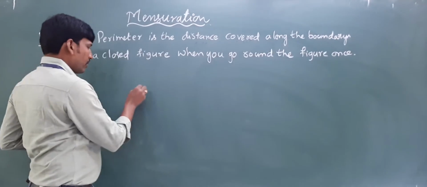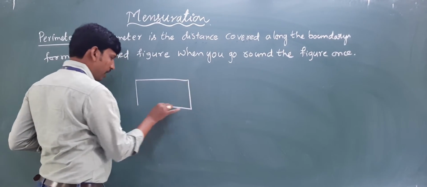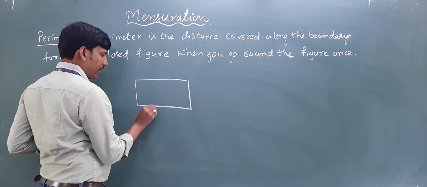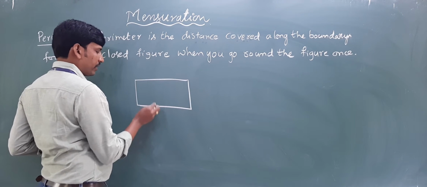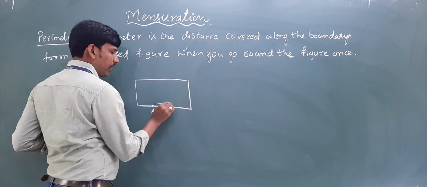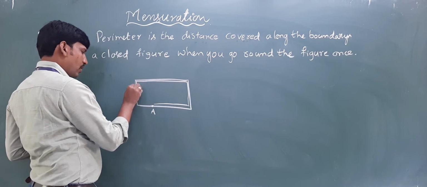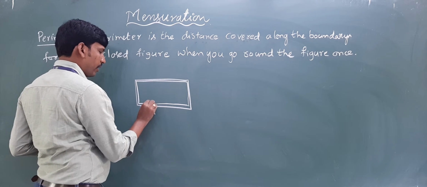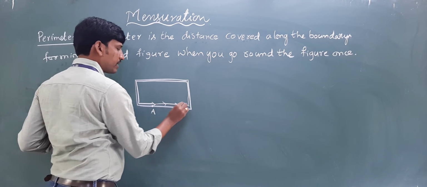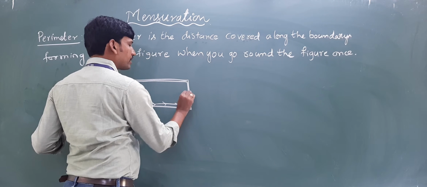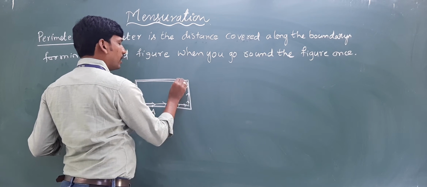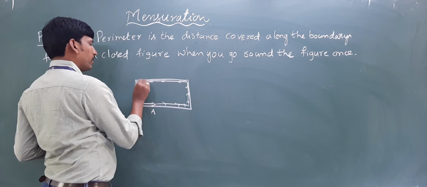Just now we discussed, there is a compound wall. One person is starting from here, point A. Along this line, he is moving like this, and he covers one round. He completes one round. So he covered some distance along the line of the compound wall.